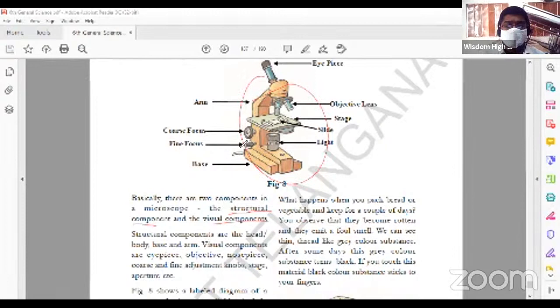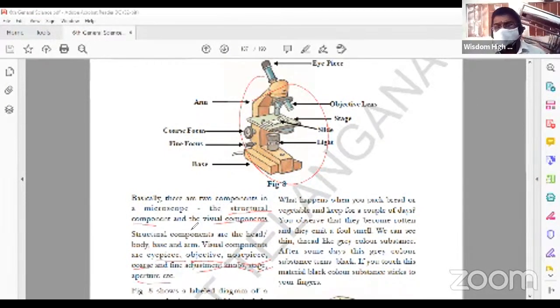Next, visual components: eyepiece, objective, nose piece, next coarse, fine adjustment knobs, stage, aperture. These things are coming. And second, children, listen here. So two components are presented.